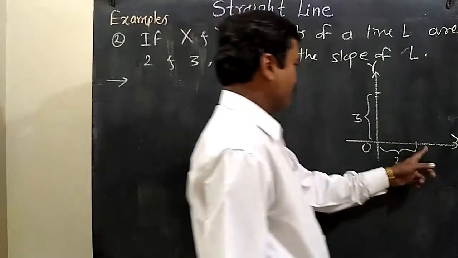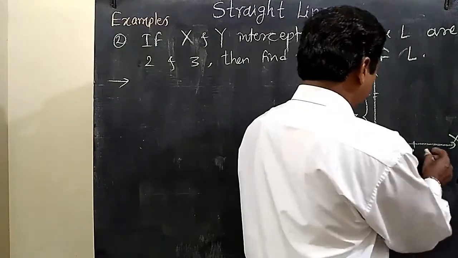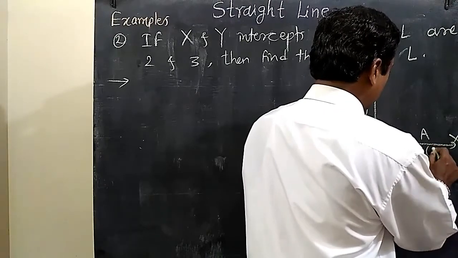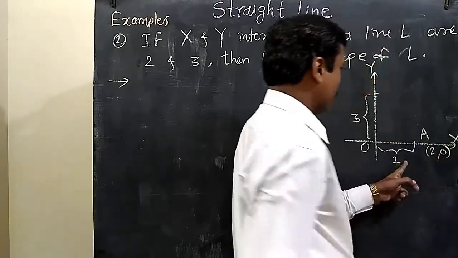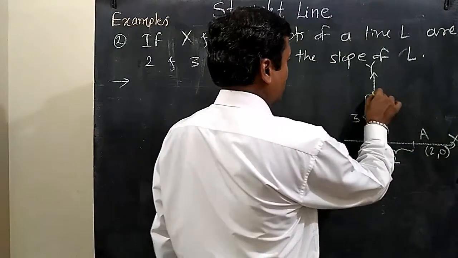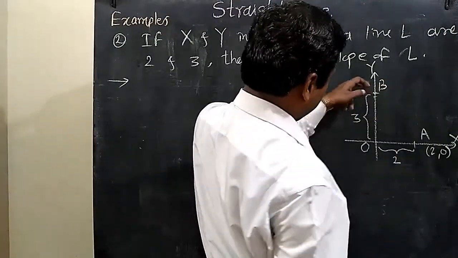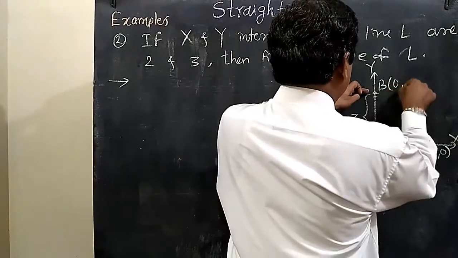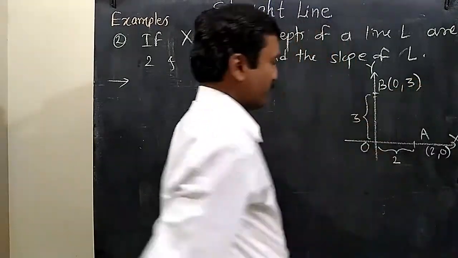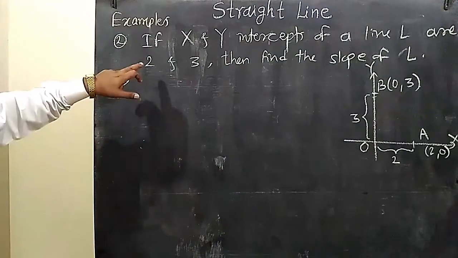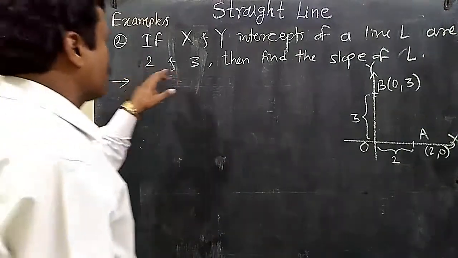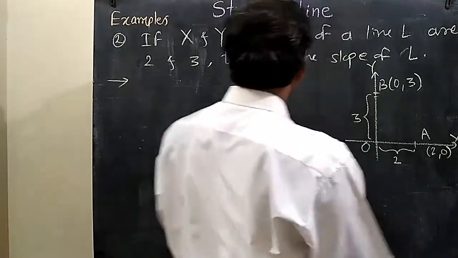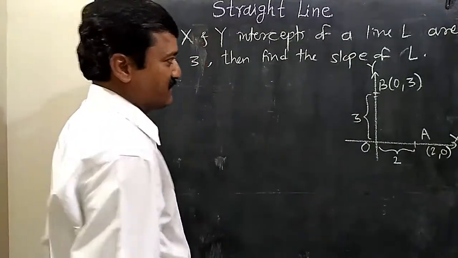If the distance of this point from the origin is 2, obviously the coordinates of this point A will be (2, 0). And if this point B is at a distance of 3, then its coordinates will be (0, 3). So, as these intercepts are given, from these two intercepts we can determine the coordinates of these 2 points which lie on the x-axis and y-axis.